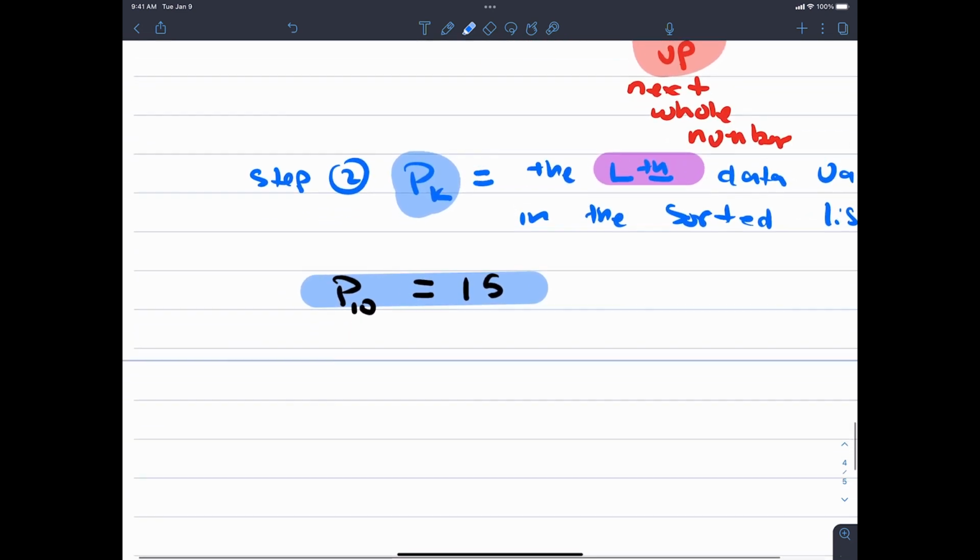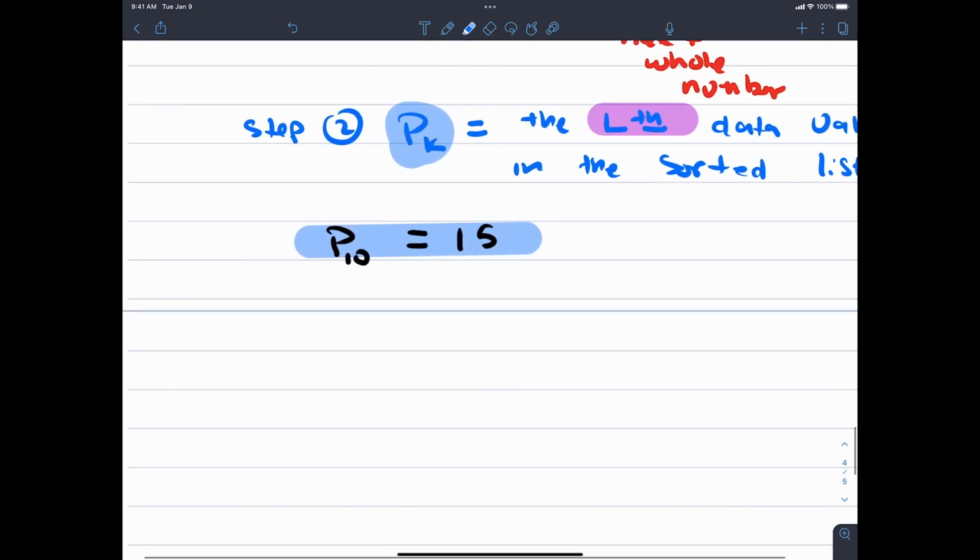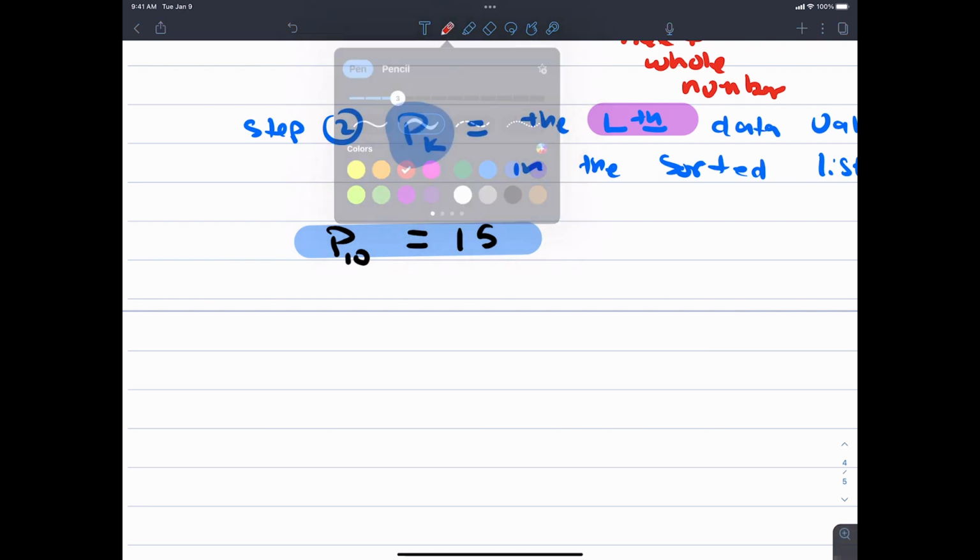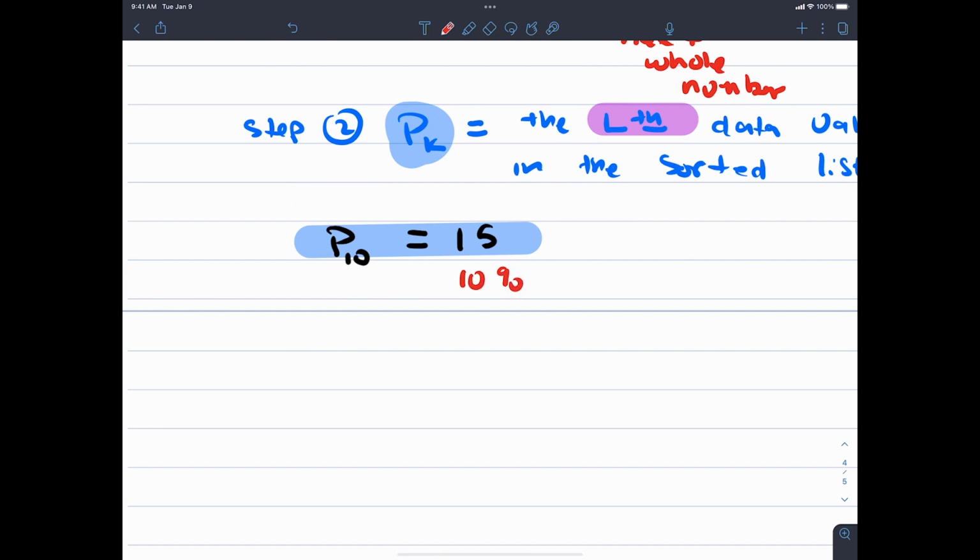15 is the 10th percentile value. Okay? So that number, 10% of the data is behind 15. We'll say the less than that 15. That's what this means here.